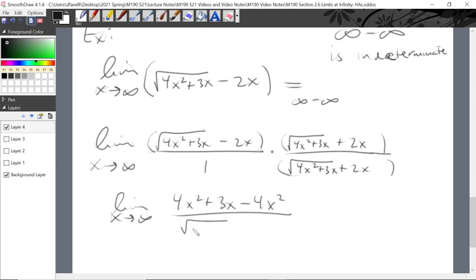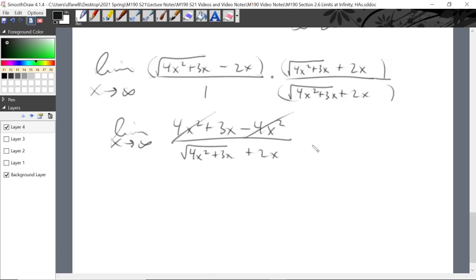And the denominator, we have the square root of 4x squared plus 3x plus 2x. So the 4x squareds cancel each other out now. If we were to try to rerun the limit, we're going to get infinity over infinity, an indeterminate form.